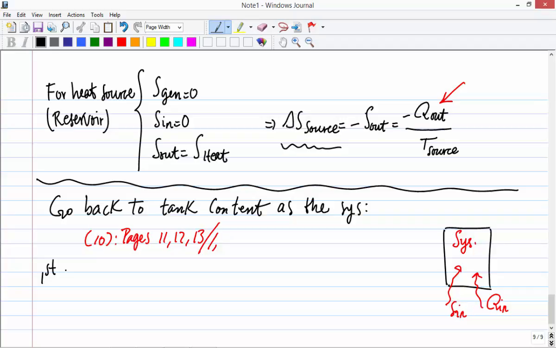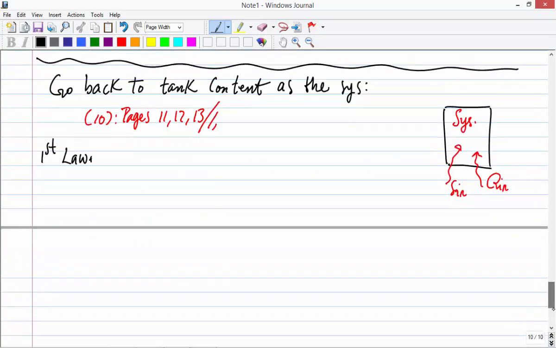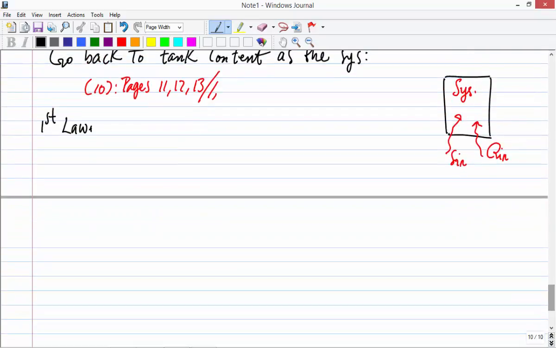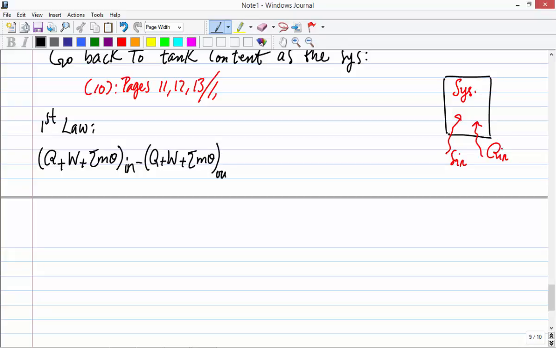According to the first law, we've talked about this in previous lectures, Q plus W, it's a closed system, plus sigma m theta through inlets, minus heat, work, and mass transfer through outlets, equals m times the total change in energy.